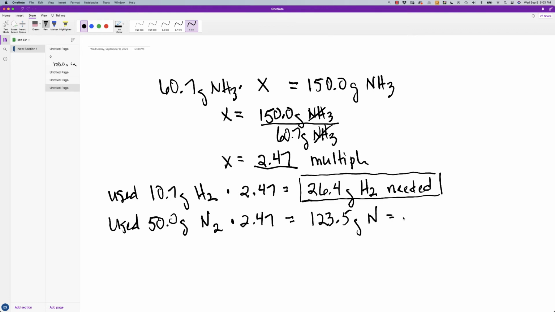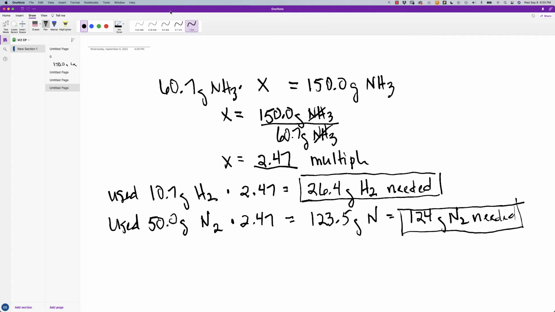So that gives us 124 grams nitrogen needed. Okay. So there we go. The 26.4 and 124 added together give us close to the 150 that we needed to make.